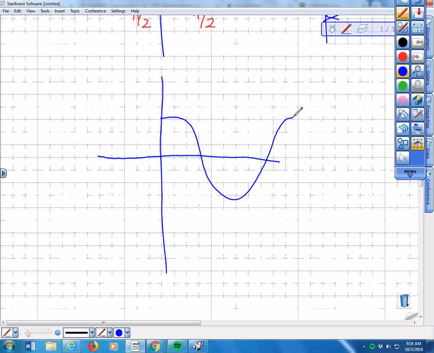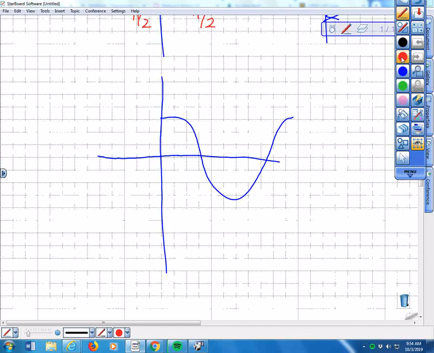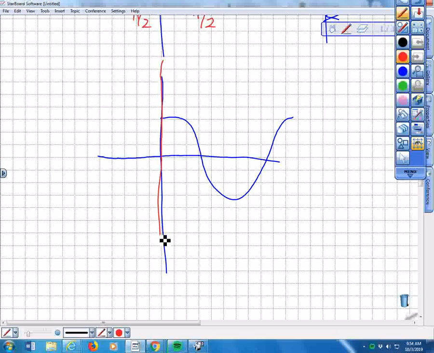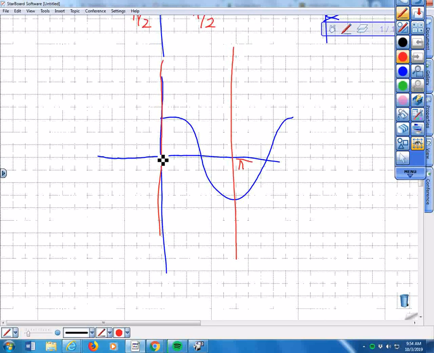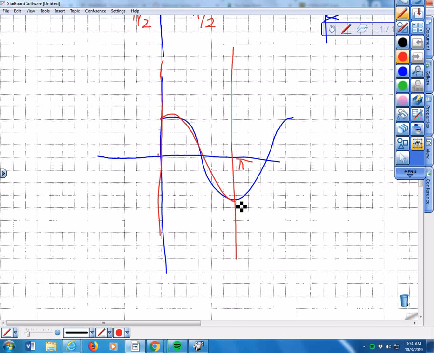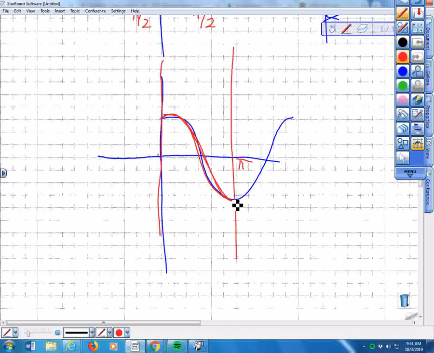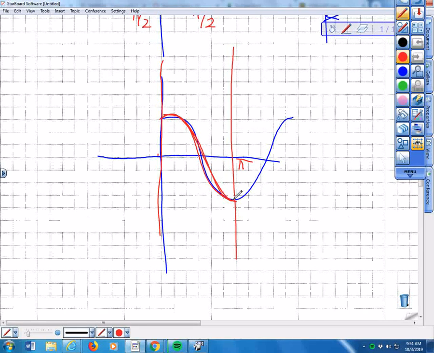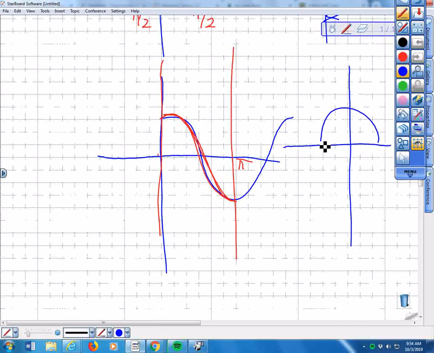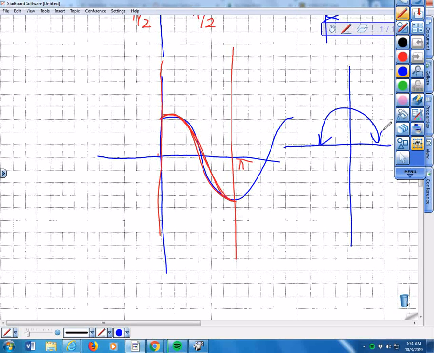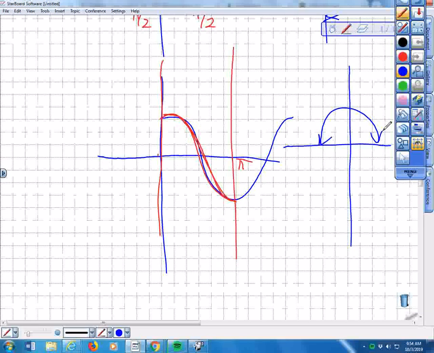What they decided to do is restrict it at pi. So there's the piece of the cosine curve that we can take the inverse of. For cosine then, on the unit circle, it can be in quadrants 1 or 2, from 0 to pi.